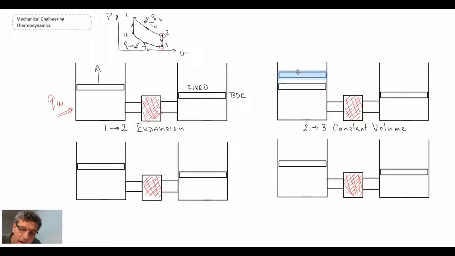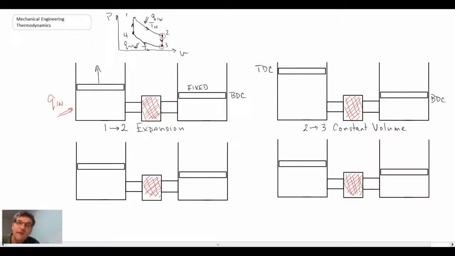So let's move this guy up. It goes up to top dead center. And the cool should be down at bottom dead center, which is where it was. So we're okay there. So it is at top dead center, and this is at bottom dead center.